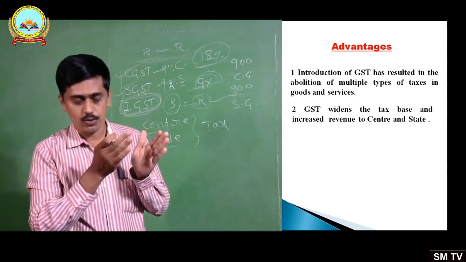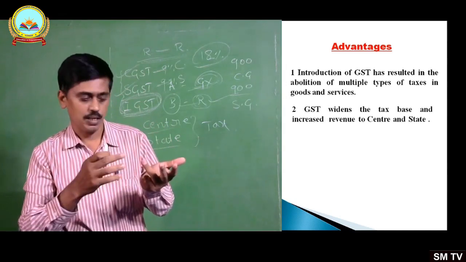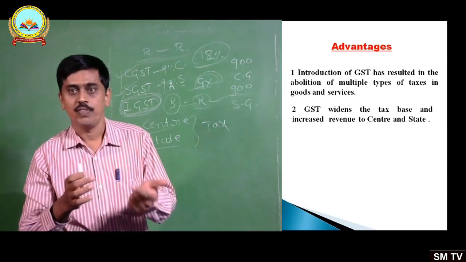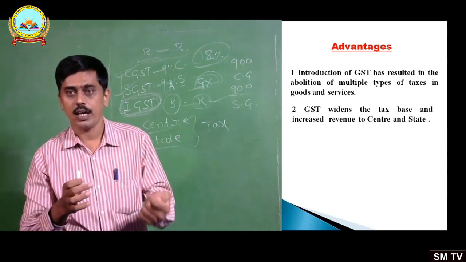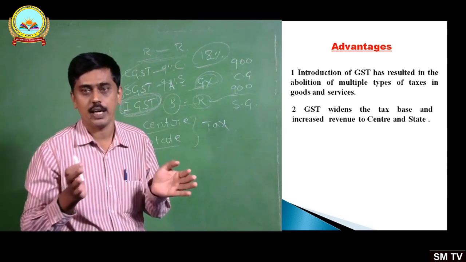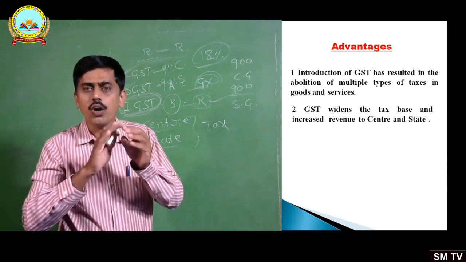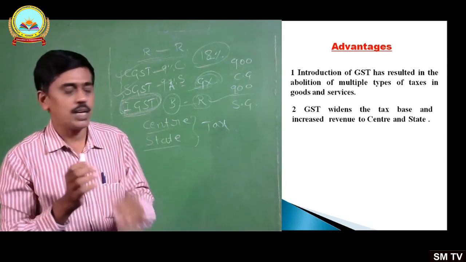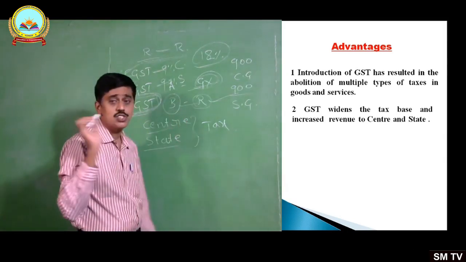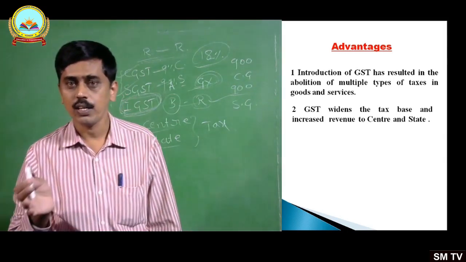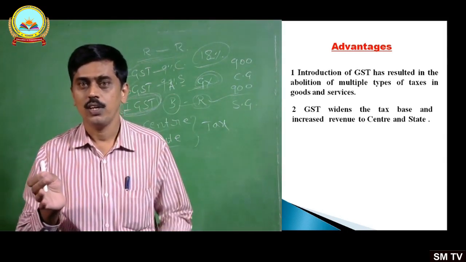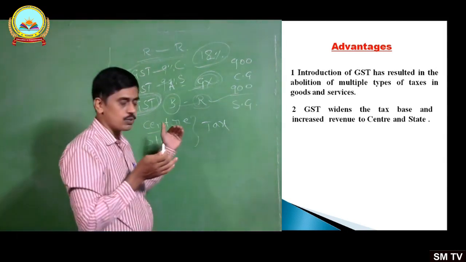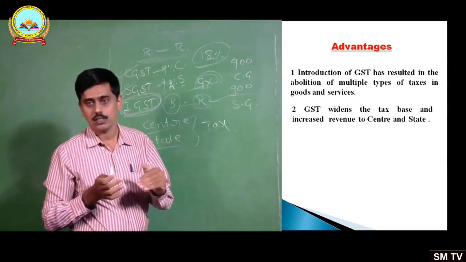The center used to charge service tax, then CST, then customs, and the state used to charge luxury tax, entry tax, VAT, value added tax, isn't it? But all such taxes are abolished, and in place of that now we have only one tax, that is GST. Okay, goods and services tax. When there is only one tax, it is advantageous to the government as well as the consumers.